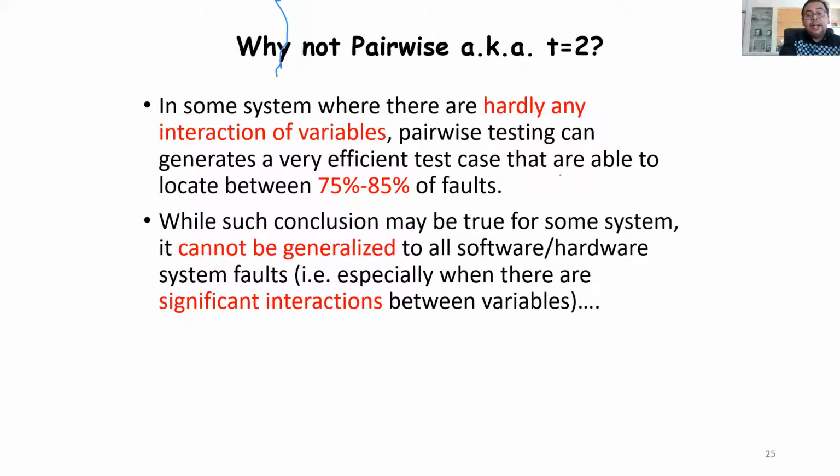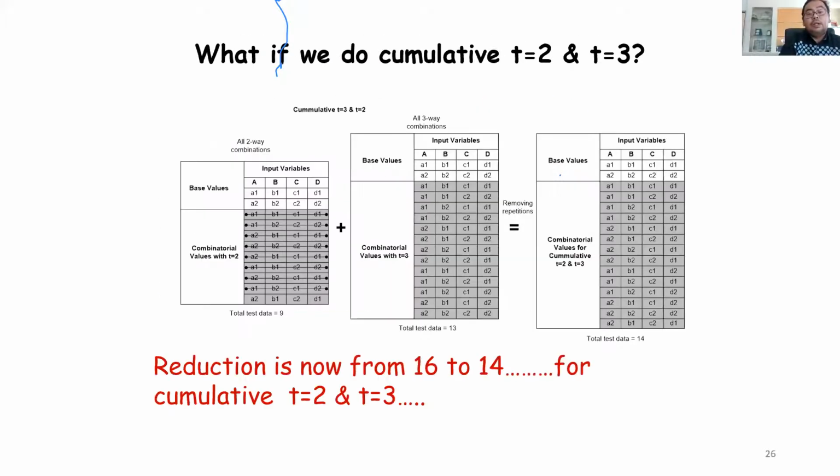But in real life, some systems require pairwise testing, but some systems may require more than pairwise testing. So we can do, for example, cumulative t equal to 2, t equal to 3.